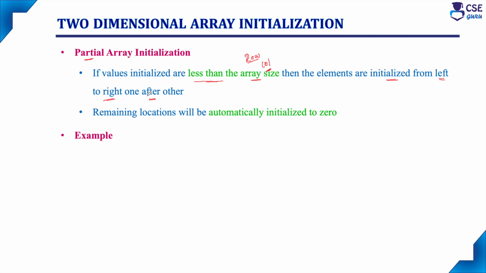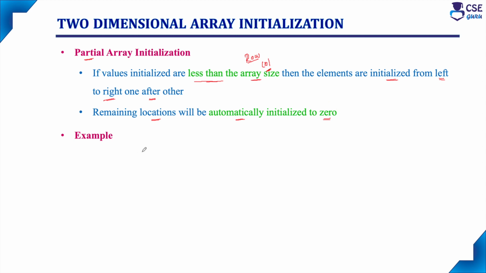From the left, we cannot leave any memory location free without specifying. However many elements we specify, they will be allocated from left to right, and the remaining locations we left free, without specifying elements, will automatically be initialized to 0.